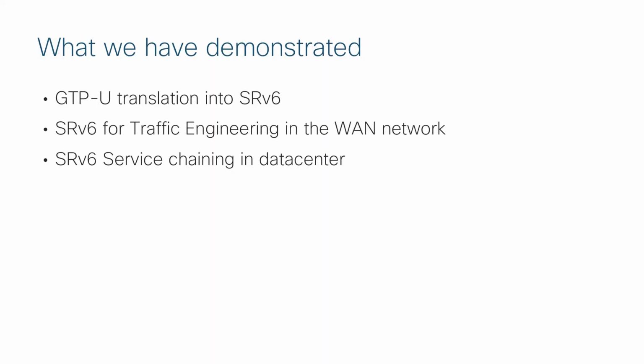We have shown how the old GTP protocol can be replaced by SRv6. And once we have SRv6 encapsulation, we can do many very interesting things with the packet or the flow. Here we demonstrated a very simple way to create various network slices with different topologies and different SLAs.